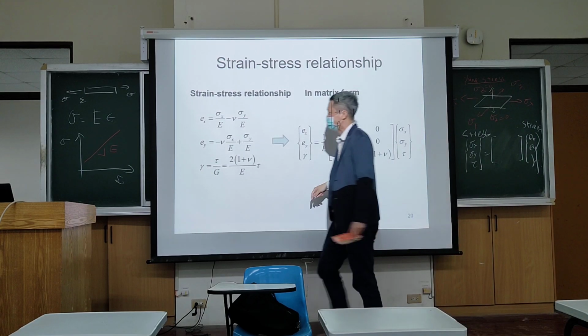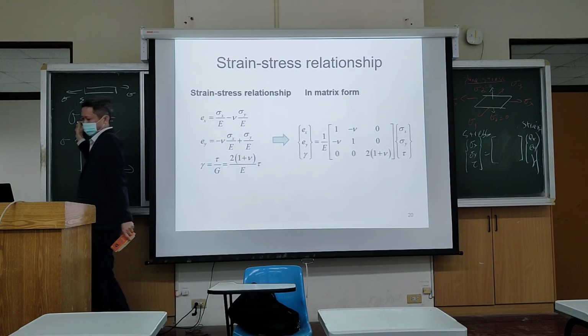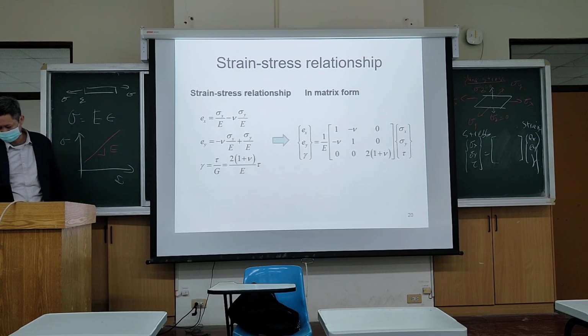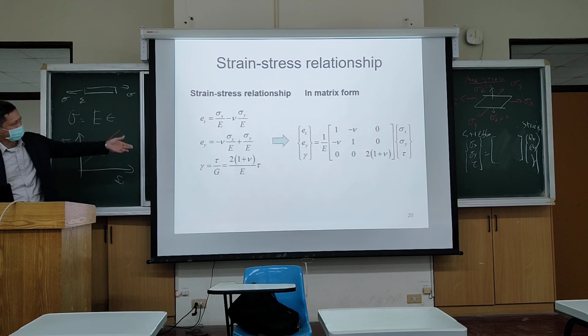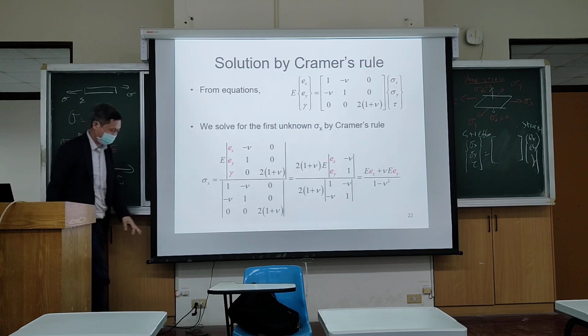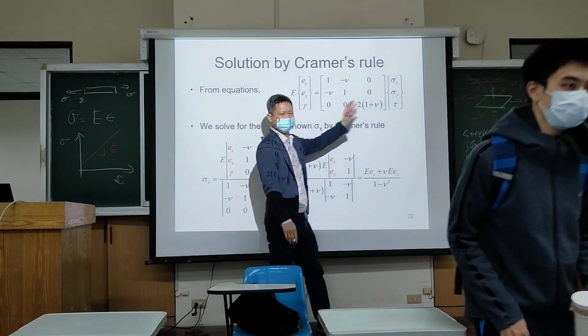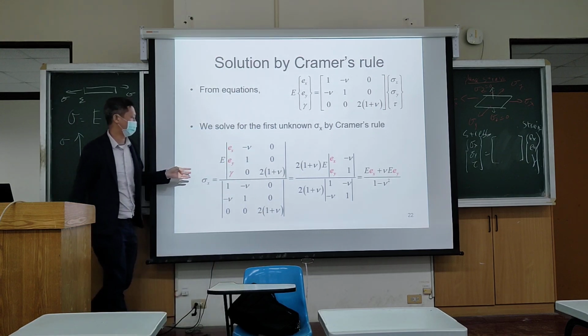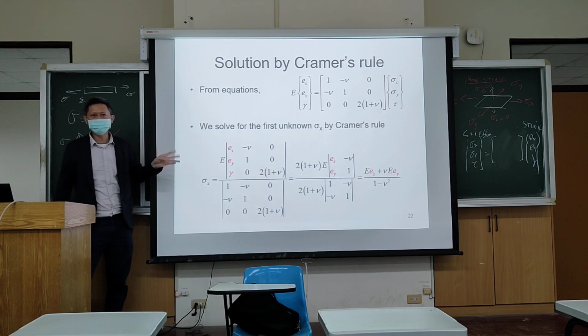You know why we need that? We need that because you are later going to calculate the stress. Okay. So the way to do that is doing the inverse. How do you do the inverse of the relationship? To do the inverse, you apply your Cramer's rule.